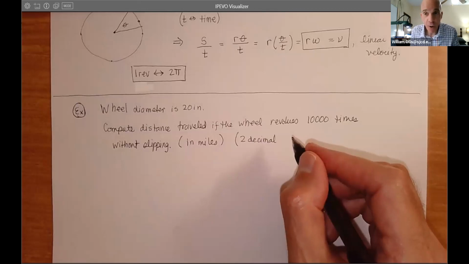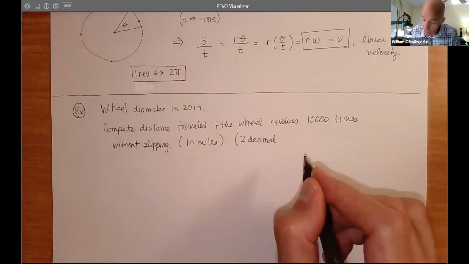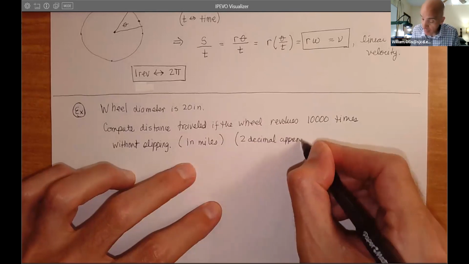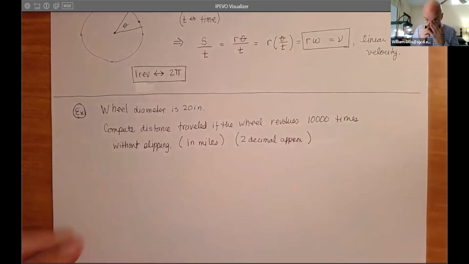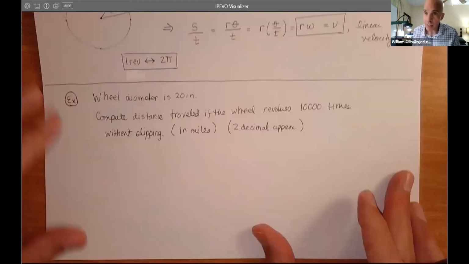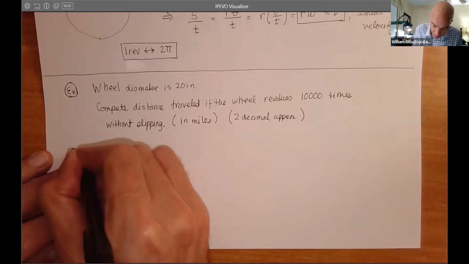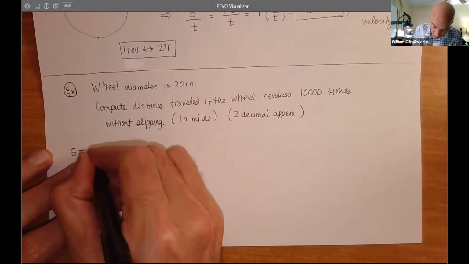So if it doesn't say approximate, you use your pi's, you use the symbols that I do as I work my mathematics. So work it out exactly, and then use your Google calculator if WebAssign asks you to do that. That's always the case, as you well know. So now distance is r theta.